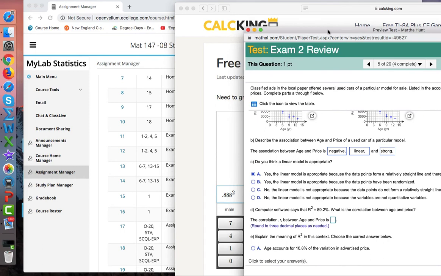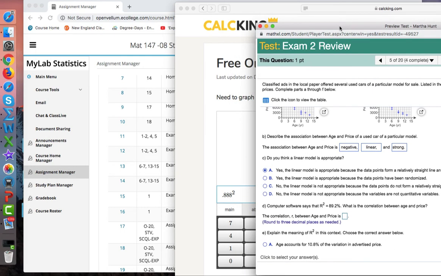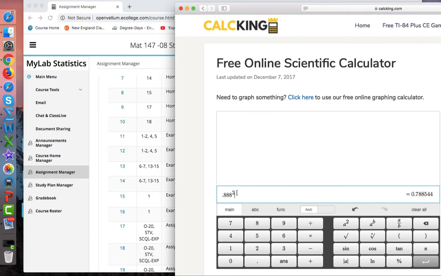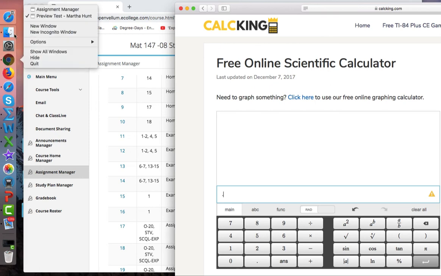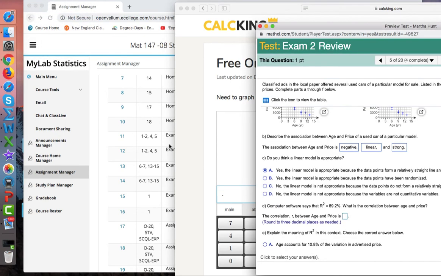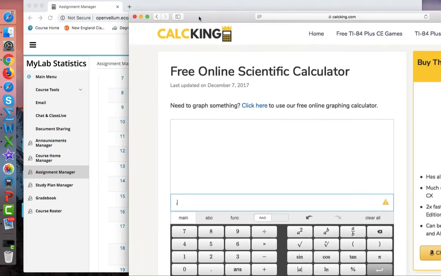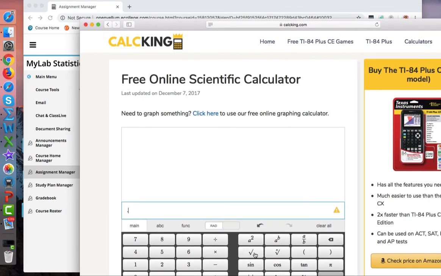So I'm going to scoot over to my calculator here, and I'm going to enter 0.892, and take the square root of 0.892.